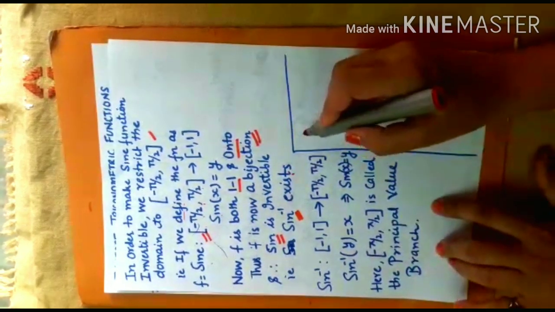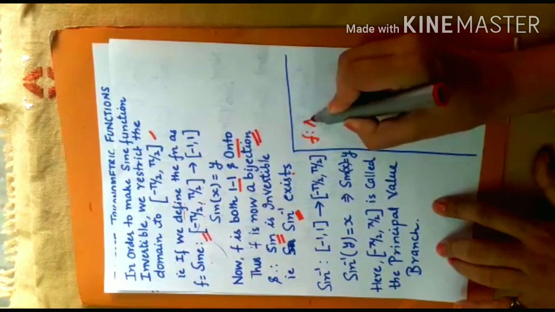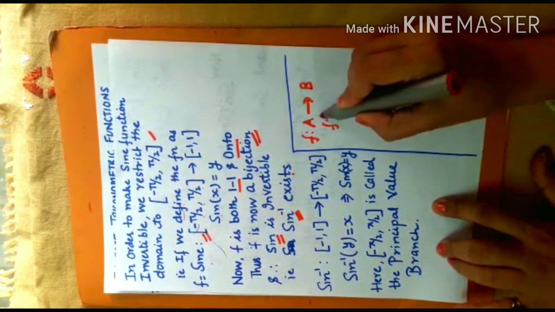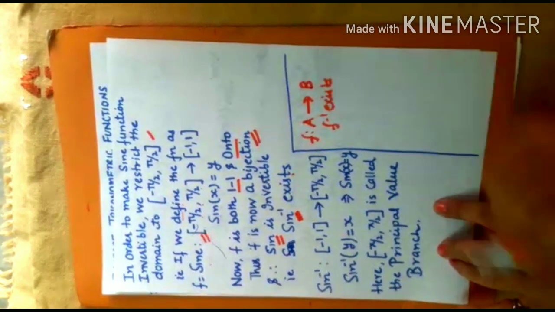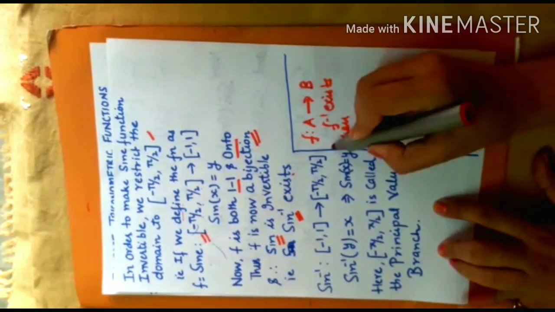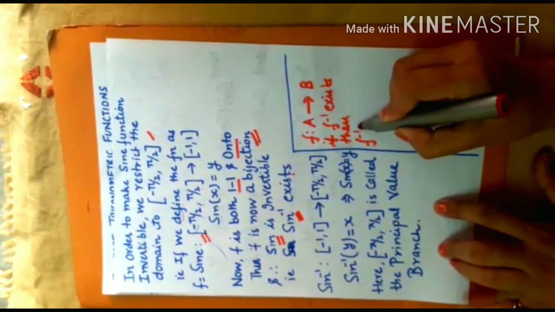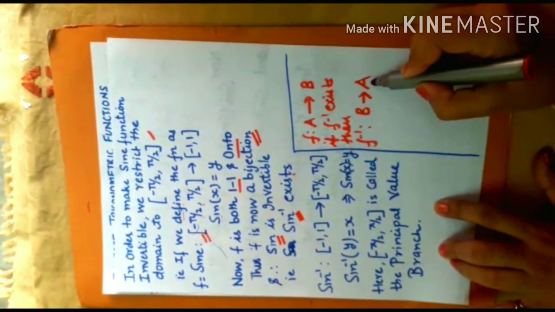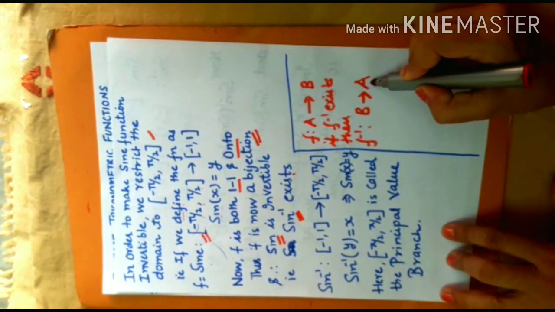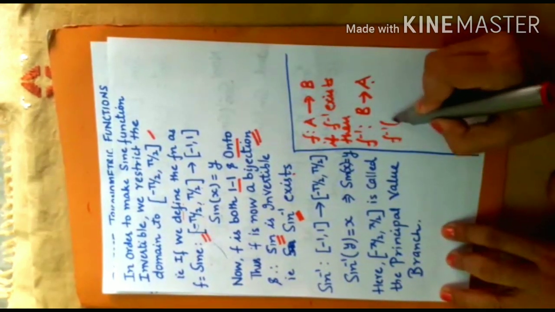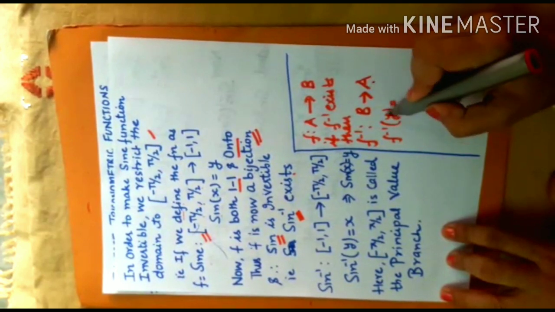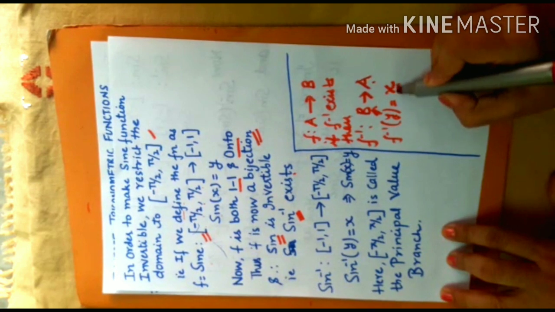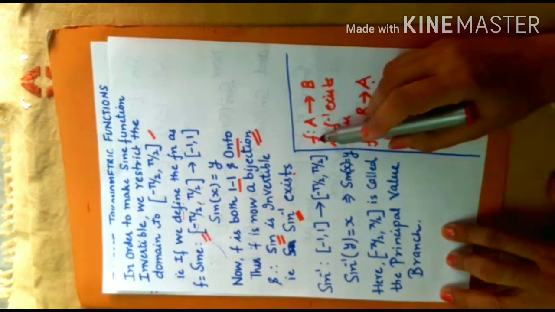Now we know that if a function f is from A to B and f inverse exists, then inverse of f will be a function from B to A. And under the inverse function, every element of this set will be associated with its pre-image under the function f.